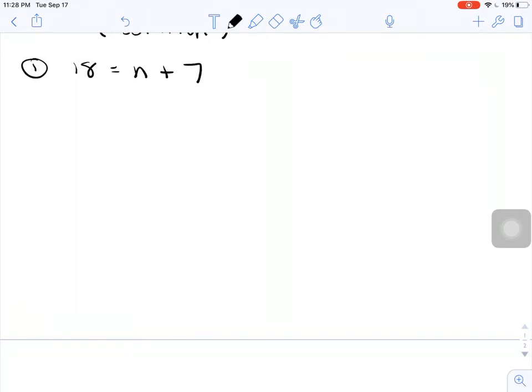And you're given some options. Is the solution 9, 10, or 11? Now we have three possible things that could be the solution here.